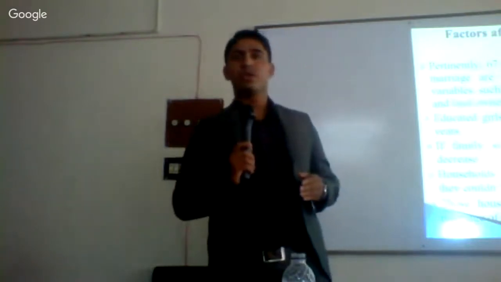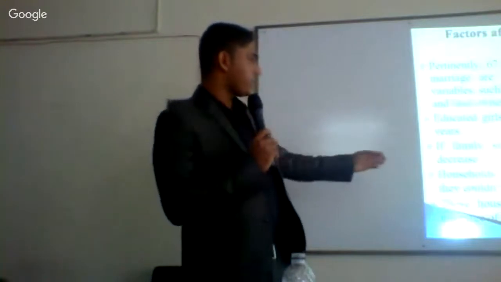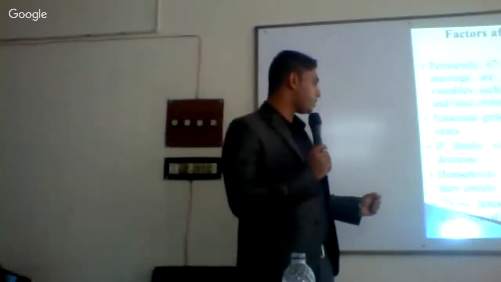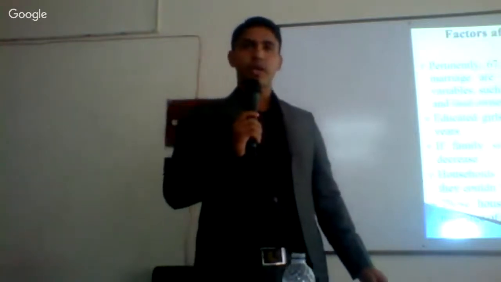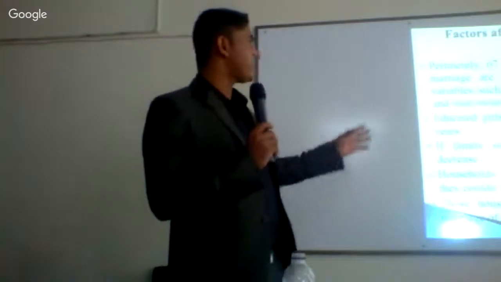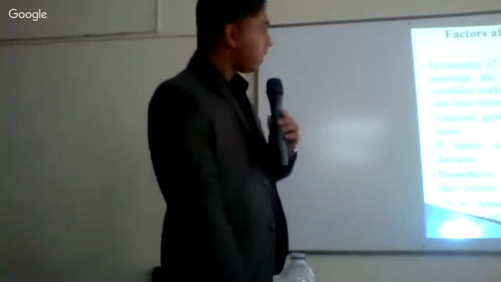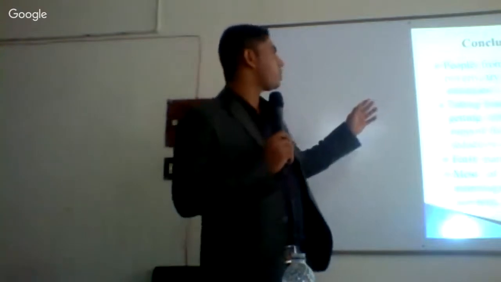And finally, those households that have savings are also economically secure, and they might not prefer early marriage of daughters. This is the final result of the multiple linear regression. And to the last, I am going to draw the conclusion and recommendations.